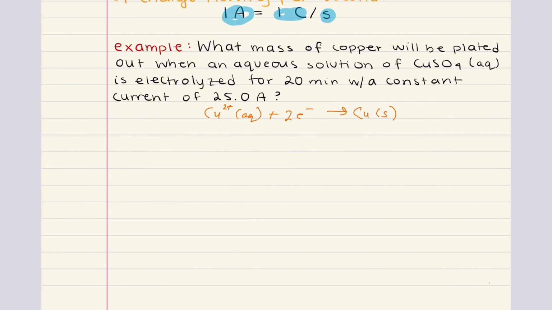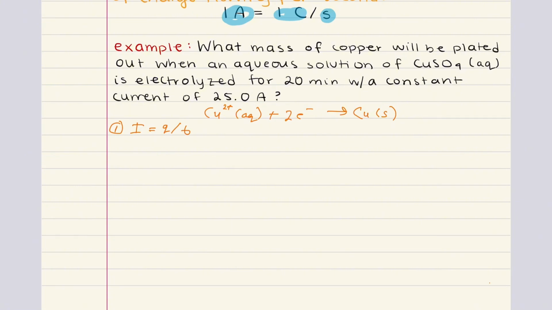Now that we have the balanced equation, we want to keep in mind that every electrochemical stoichiometry problem can be solved by focusing on two important relationships. The first is the definition of electric current, and that is I is equal to Q divided by t.